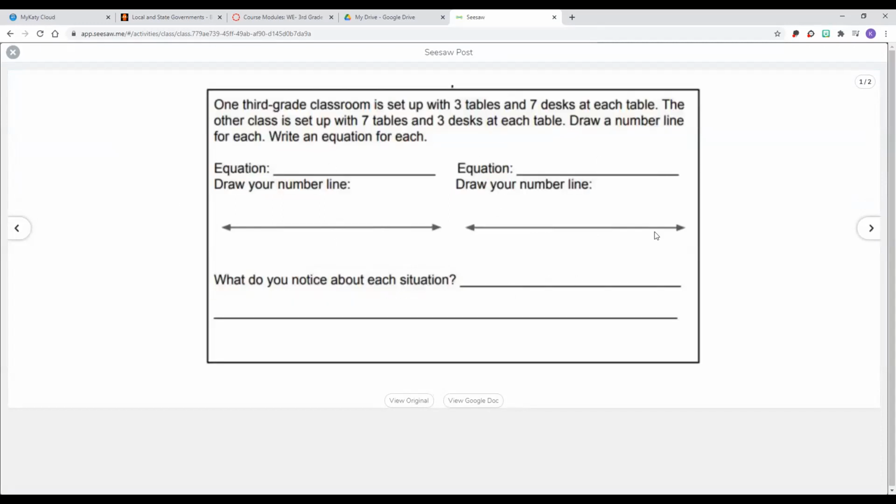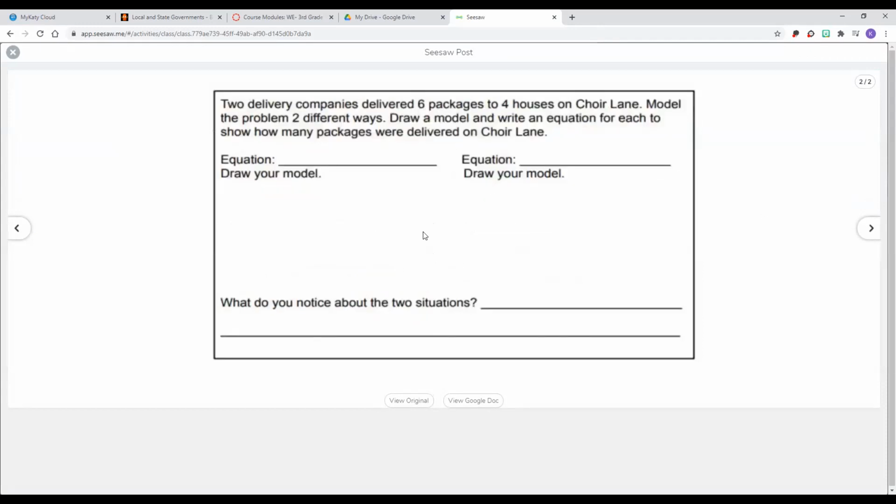So this is the first one that wants you to draw your number line. Okay, on the second one, you can draw whatever model strategy you want. Doesn't matter to me what you do. Whatever is easiest for you. You can use whatever strategy you want.